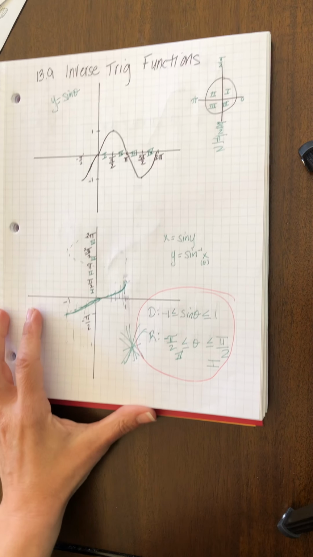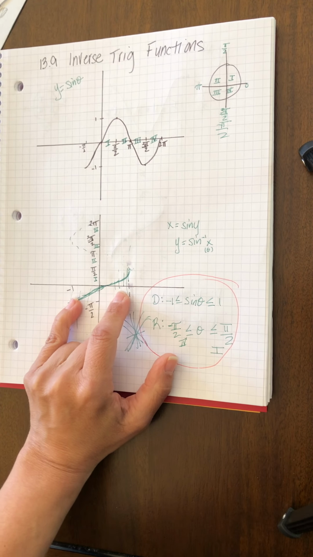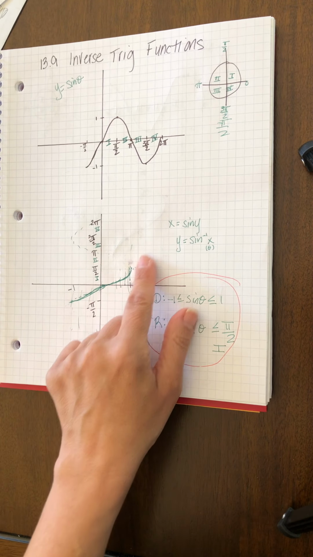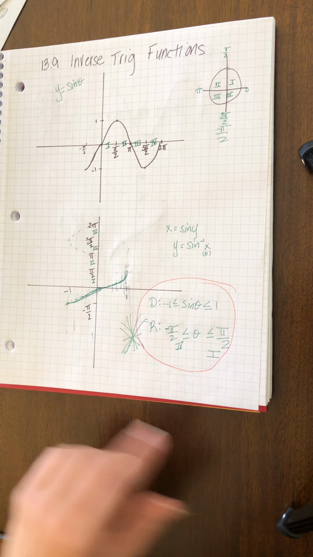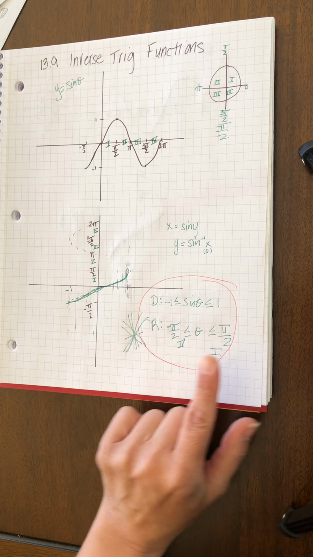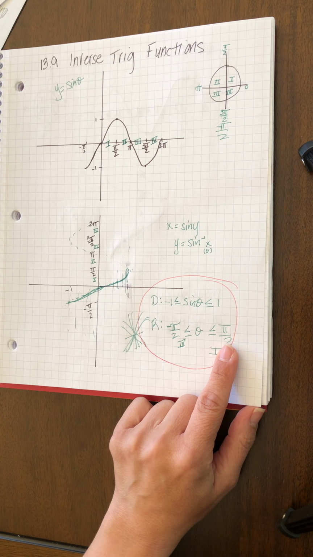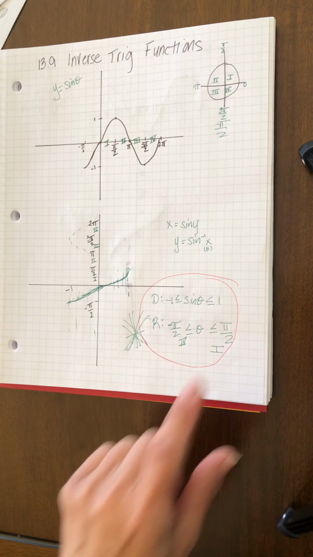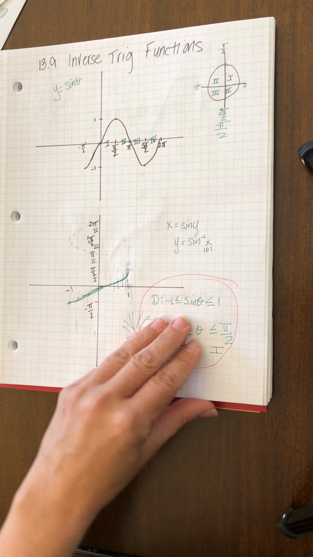And here's why. Look at your inverse sine graph. Does 330 degrees fall in my little green graph here? No. My range is negative 90 to positive 90. Last time I checked, 330 is not between negative 90 and positive 90.